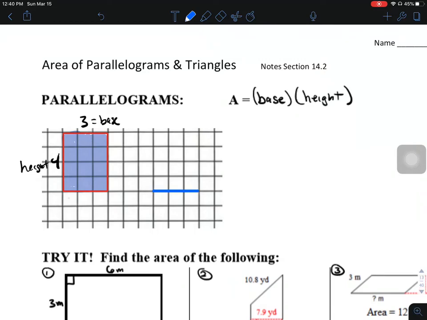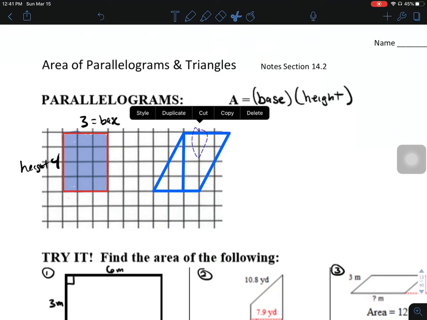Same base of 3, same height of 4, but let's say that this little fellow is slanty, like so. So that we have this parallelogram.